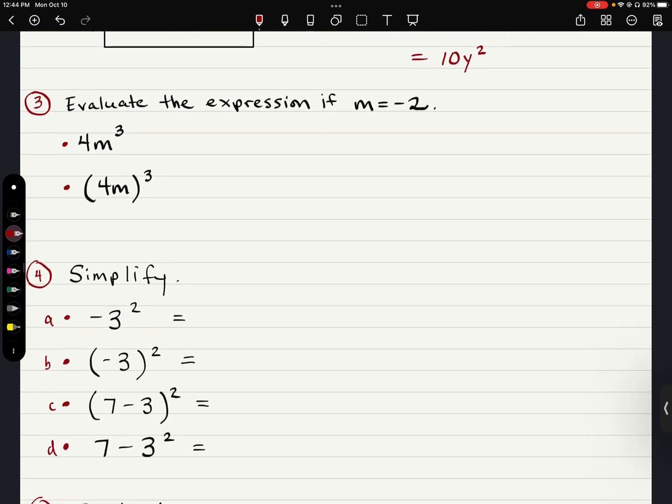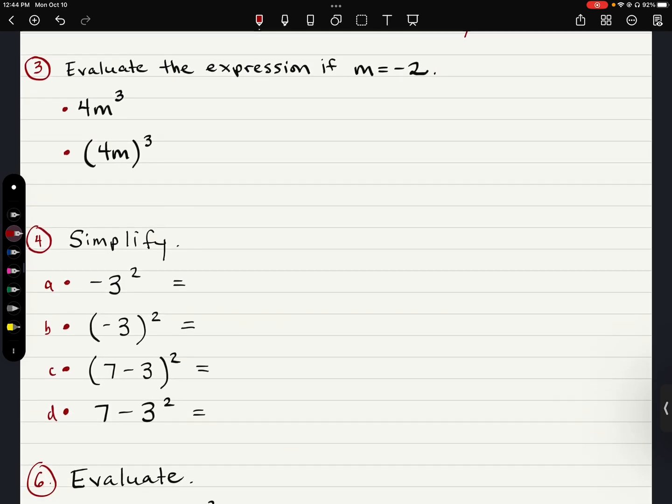All right, example 3 says evaluate the expression if m equals -2. Now this isn't something new. We've been working on these a little bit already, but I want to make sure that when we are plugging in something and evaluating it here, we got to be careful, especially when it's a negative number. When I plug in this -2 for my m, I've already got a 4.